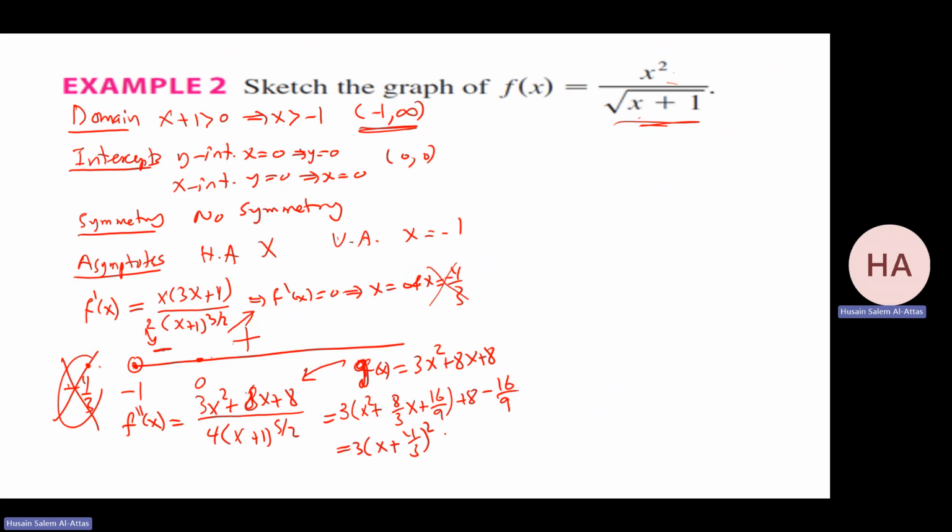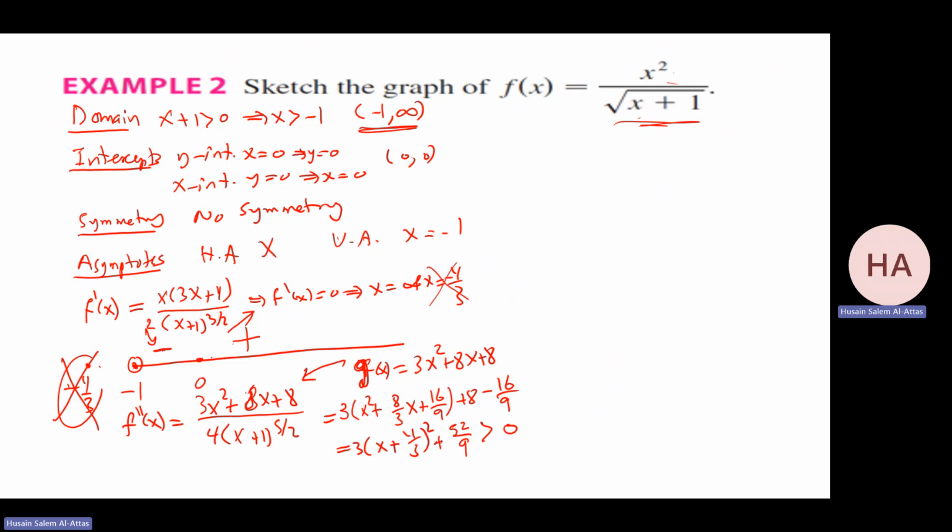And this one, 8 is 72 over 9, so that will be 52 over 9 plus something like this. The meaning is that it is always positive. It cannot be 0, and it's always positive.